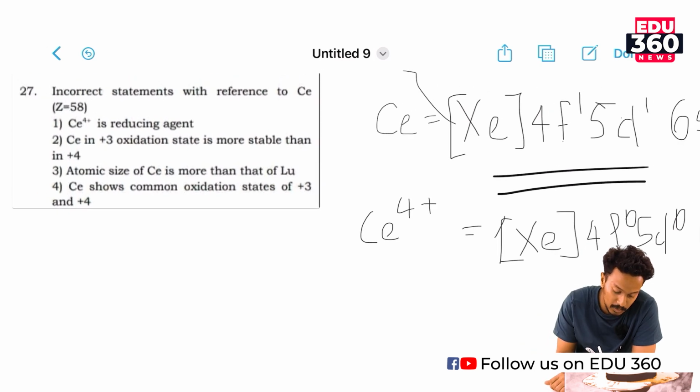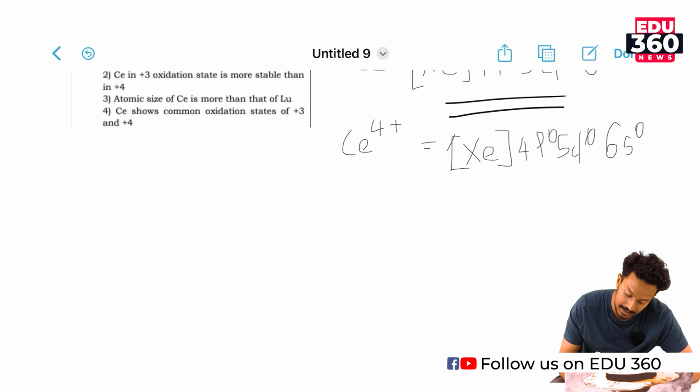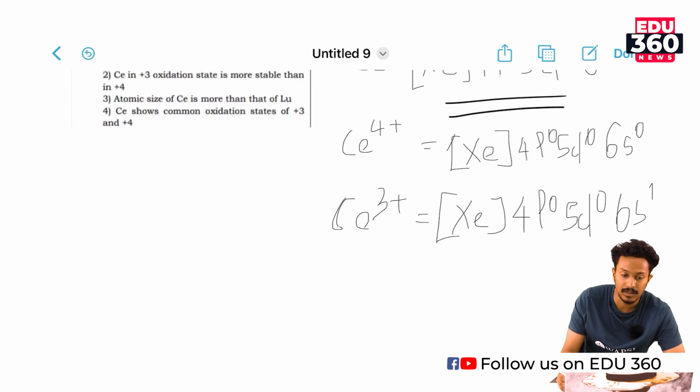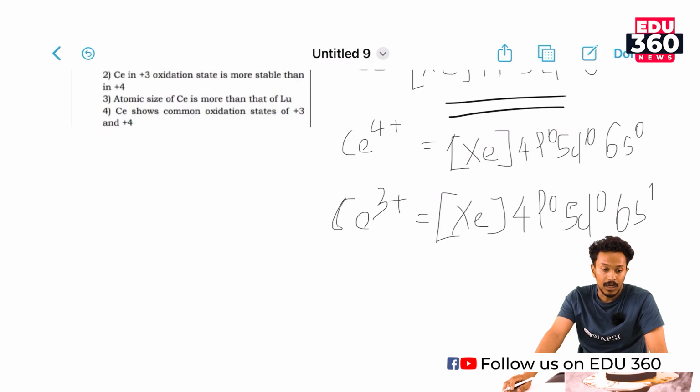Ce in the 3+ oxidation state is more stable than in the 4+ oxidation state. Ce3+ will give xenon 4f1, which is unstable. So 4+ is the more stable one than 3+, so that option is wrong. Ce shows the most common oxidation states of +3 and +4, which is also wrong.